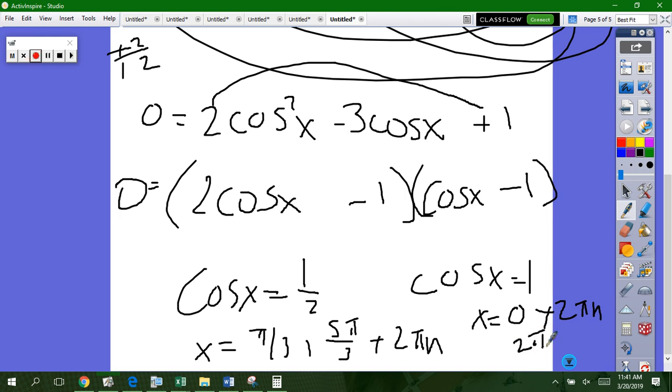That would be our answer there. Well, what's 2 pi n? Couldn't I put 0 in for n and make it 0? Yeah, I mean, it's the same, but I'm just showing you why, if it looks different in the back of the book, why it might look that way.